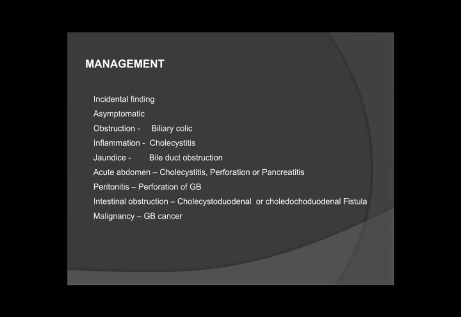Then there's the inflammation, cholecystitis, acute or chronic, jaundice, bile duct obstruction, acute abdomen, acute cholecystitis, perforation, or pancreatitis, peritonitis as a result of the perforation of gallbladder, intestinal obstruction, cholecystoduodenal or colicoduodenal fistulas, or even malignancy, gallbladder cancer. Now we're going to look at the management for each one.